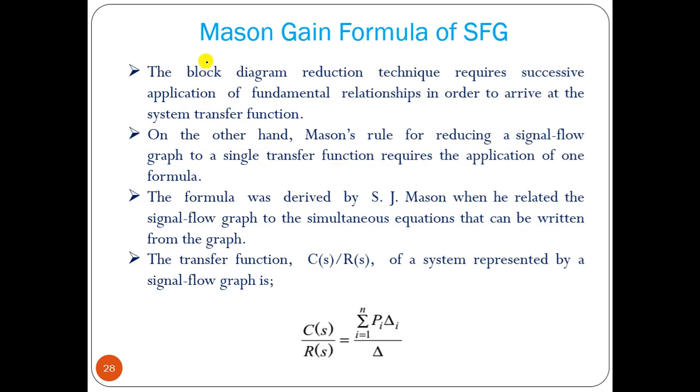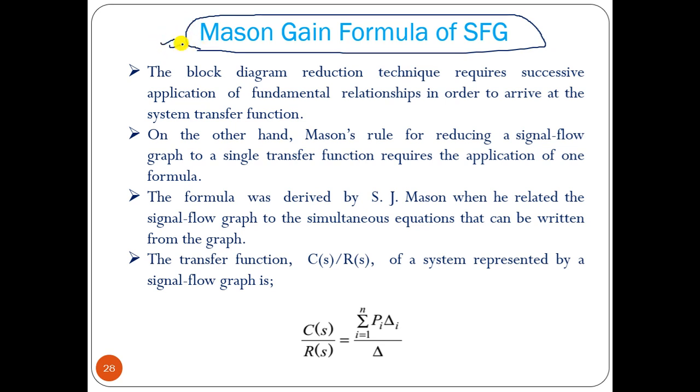Now let us discuss Mason's gain formula. Block diagram reduction technique requires successive application of fundamental relationships in order to arrive at the system transfer function. That means we have to solve step by step, reducing the block diagram to a single block by applying the block reduction technique.